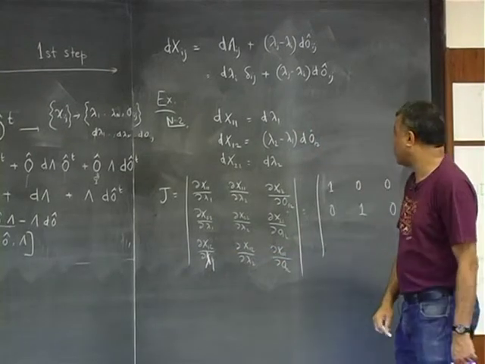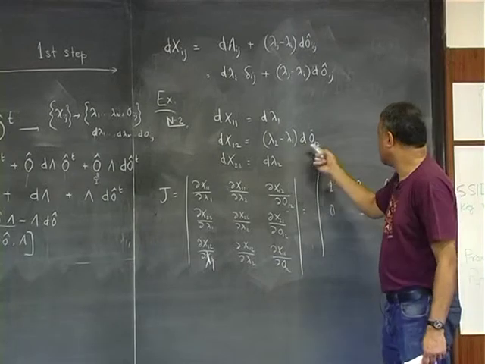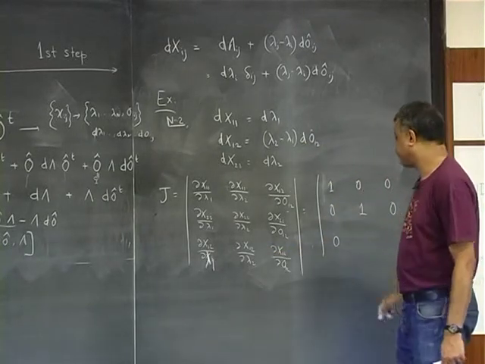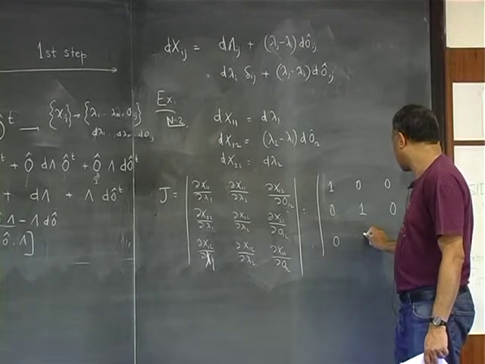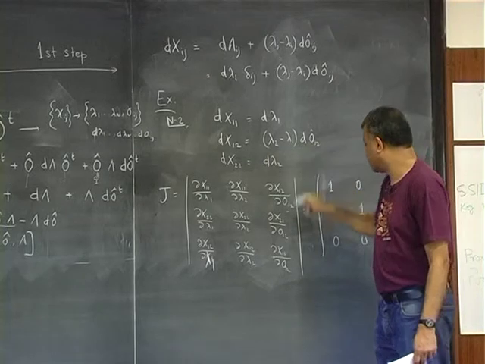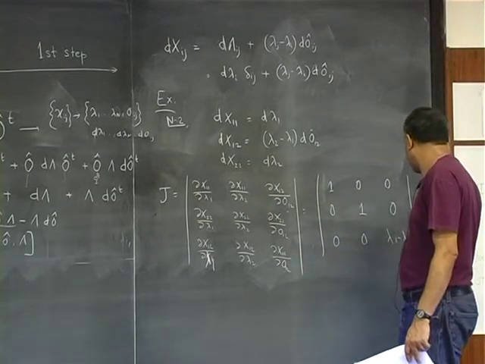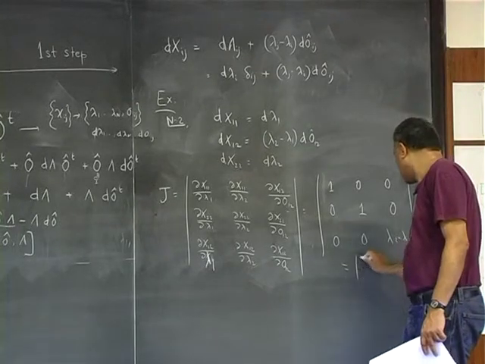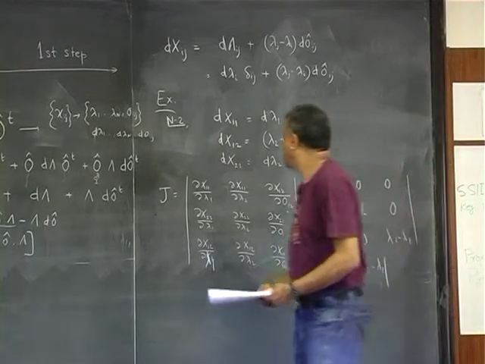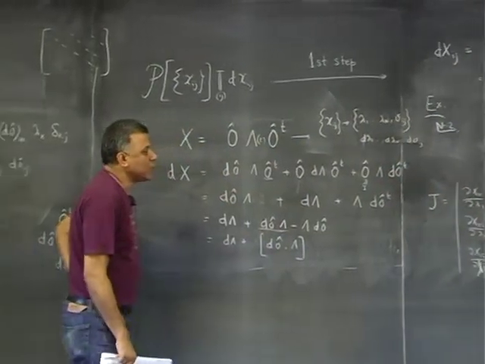So that is just 0 again. dx2 by d lambda 2 is 0 again. And this guy, dx1 by d theta 12, is lambda 2. So this is the Jacobian, which is lambda 2.